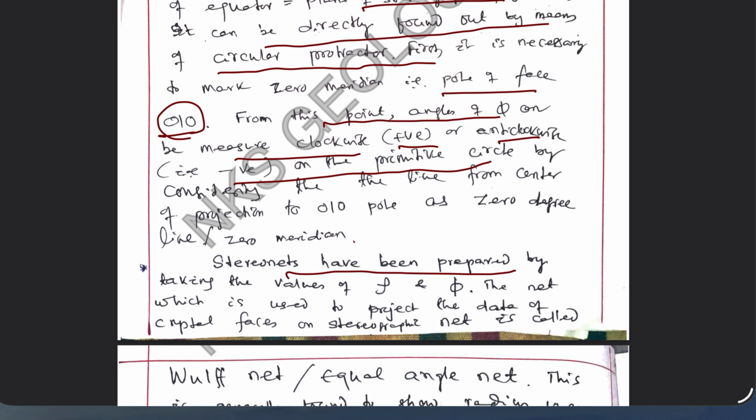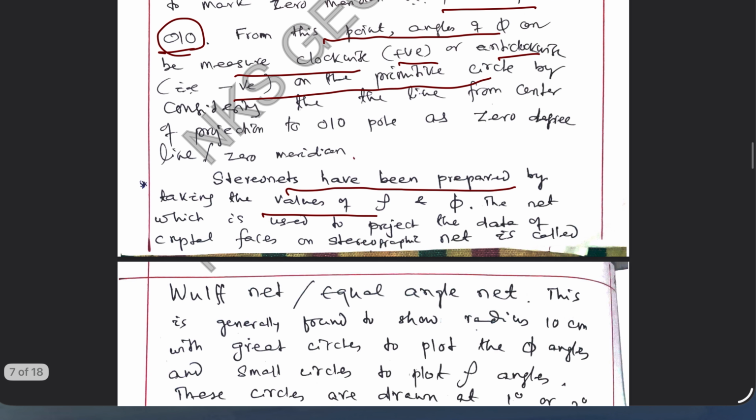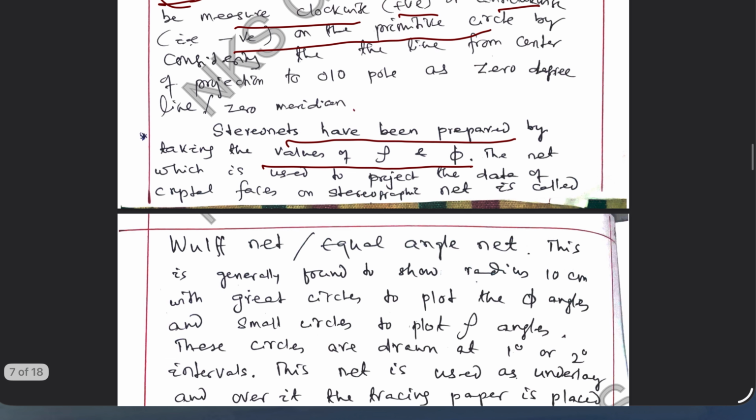And the stereo nets have been prepared by taking these values of phi and rho.